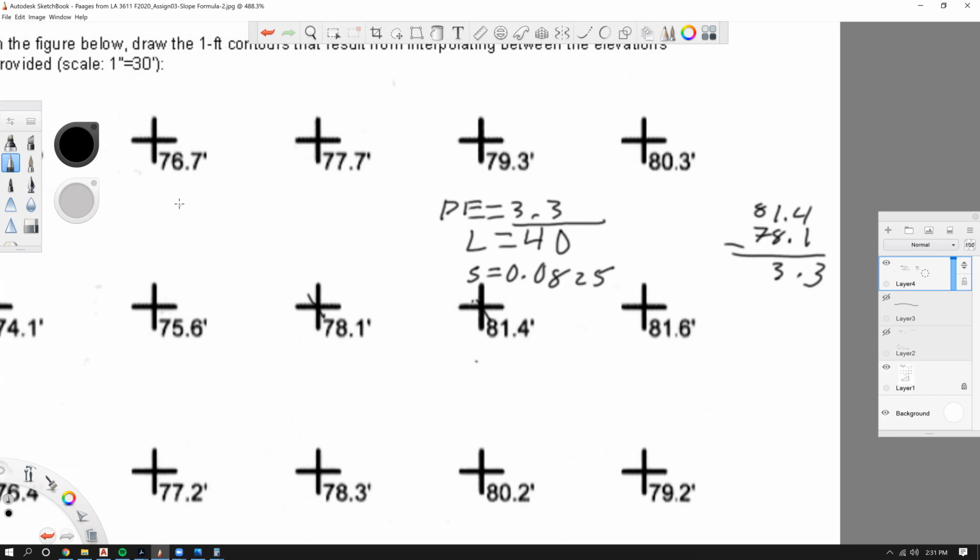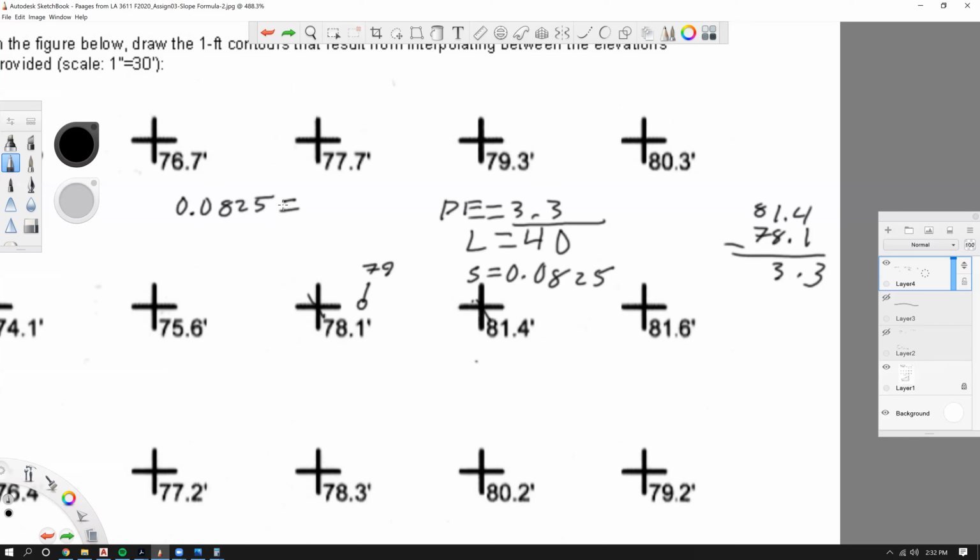So now we're going to take our slope, which we have from over here, 0.0825. We're going to take our difference in elevation, 79 minus 78.1, right?